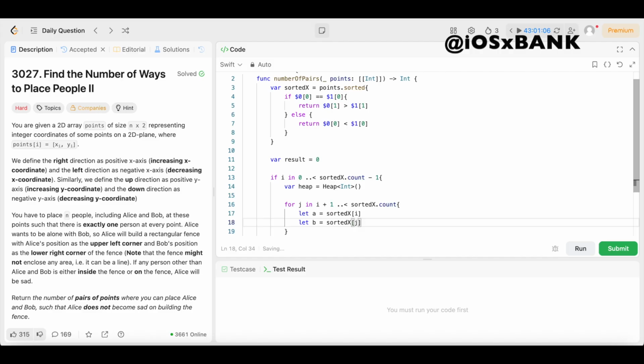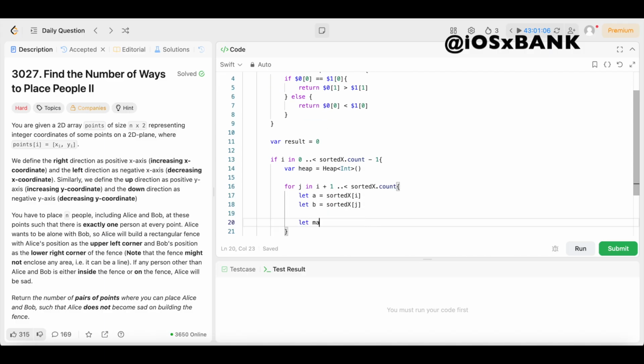Boom. Then underneath that we get the current maximum y value that we've seen so far in the heap. We say let max equal heap.max, with a question mark because it's optional, then Int.min. Boom.